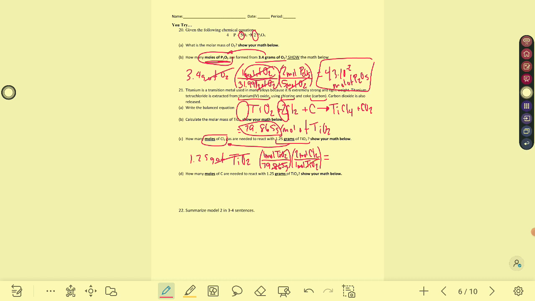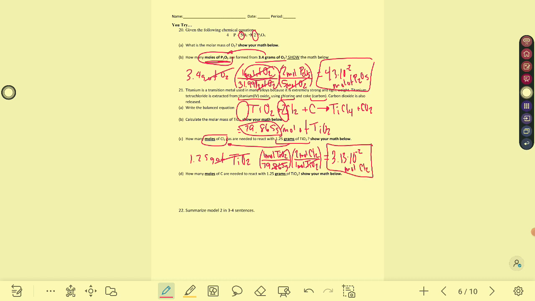All right, so I'm going to take 1.25 divided by 79.865 and then times 2. Again, do individual operations here. 1.25 divided by 79.865, enter, times 2, enter. And I'm going to get 3.13 times 10 to the negative second mol Cl2.